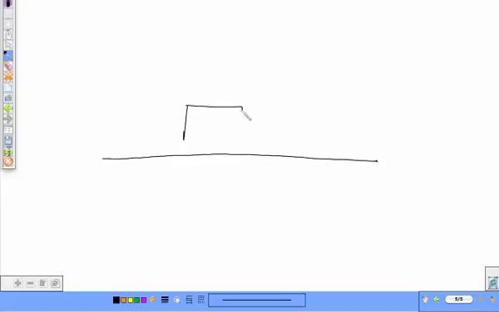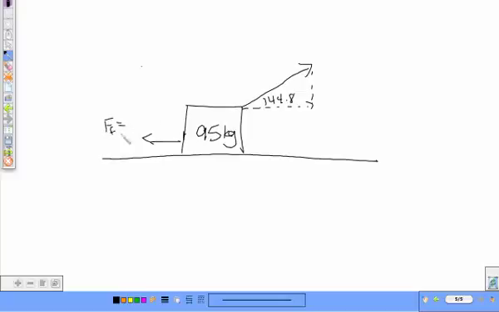Okay, how big is our chair? 92 kilograms? 95. And it's being pushed, correct, or is it pulled? Pulled. And what's the angle? And we know friction is equal to 0.83.